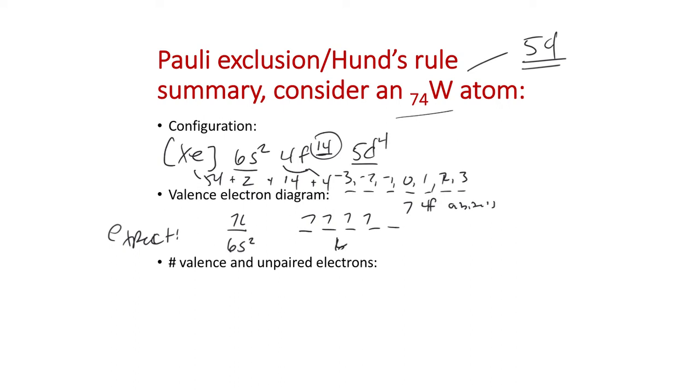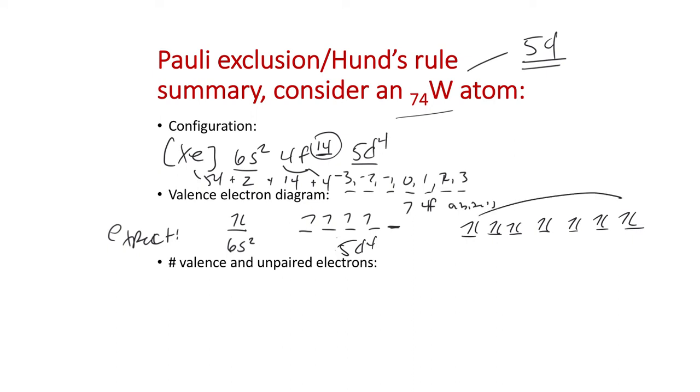So this would be our 6s2 5d4. So 4 electrons into the 5d orbitals. One's empty. And then we could show the F, but again, this is kind of unnecessary. 2, 4, 6, 8, 10, 12, 14.